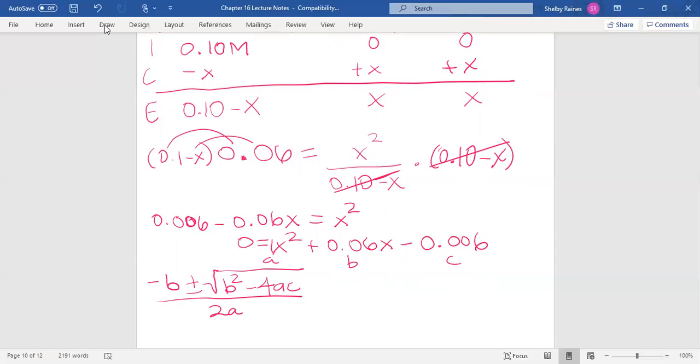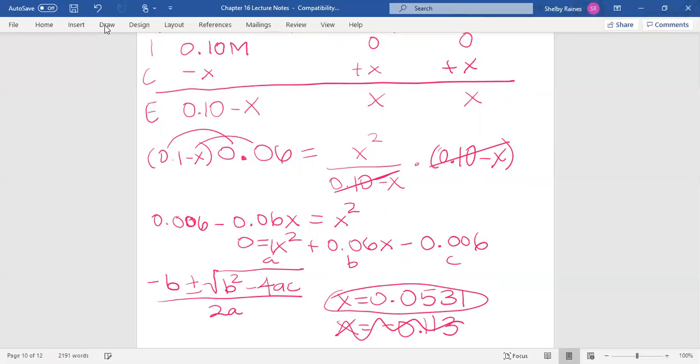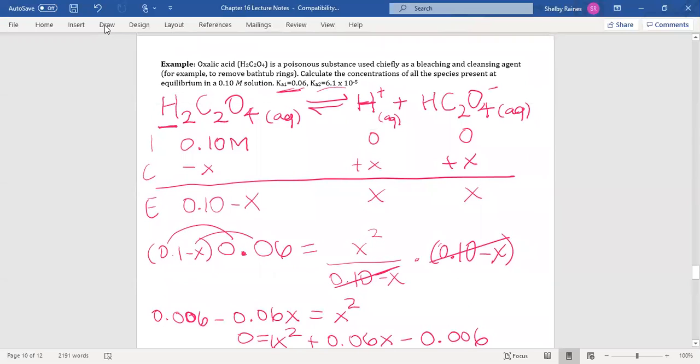Okay, and the x values I got were 0.0531 and negative 0.113. So obviously I can't use this negative, so I'm going to use this positive. Okay, so the question asked us to find the concentration of all species present at equilibrium.